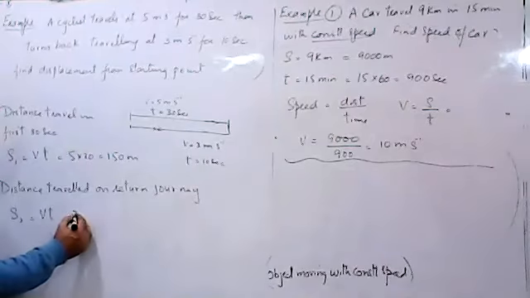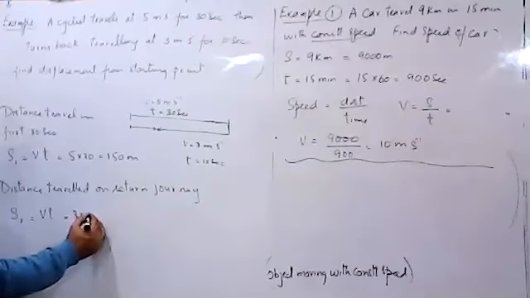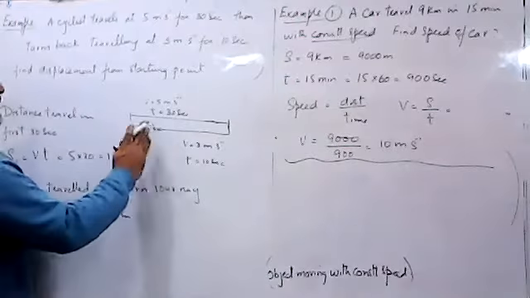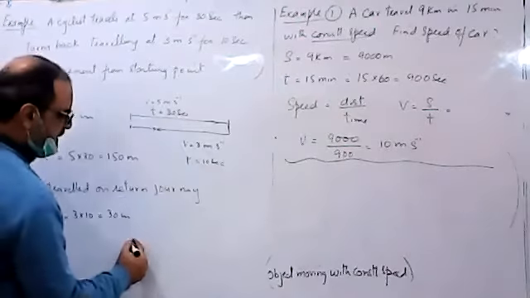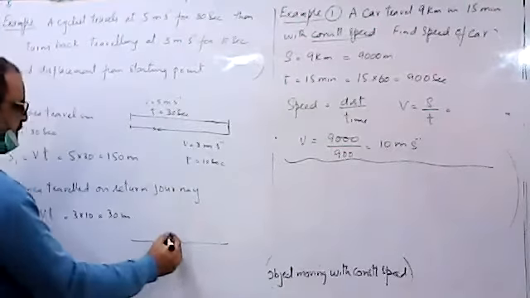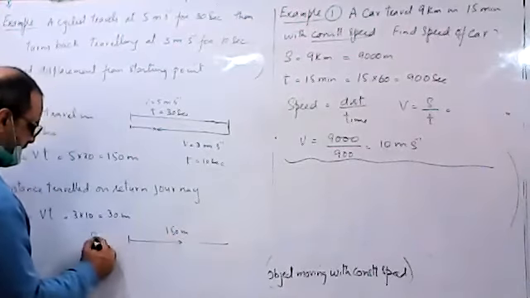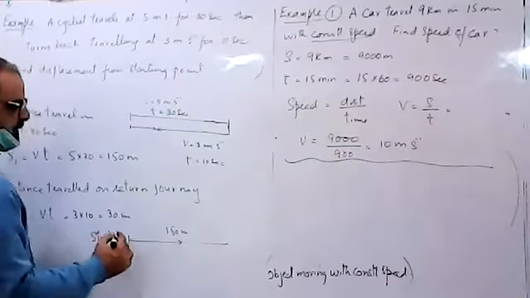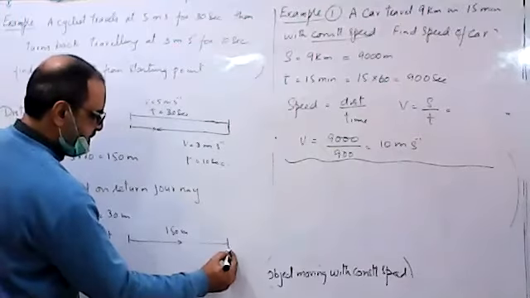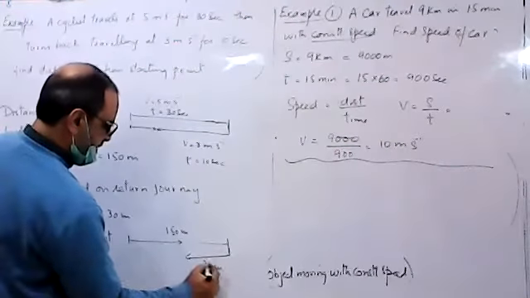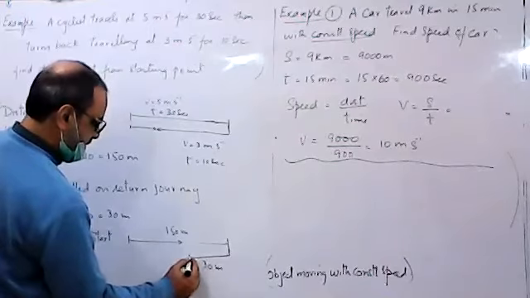So it will be 3 meters per second into time, that is 30 meters. So it means while going forward, it traveled 150 meters from the starting point and then turned back and traveled 30 meters. He ends here.